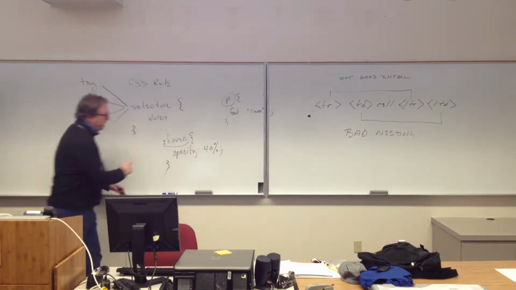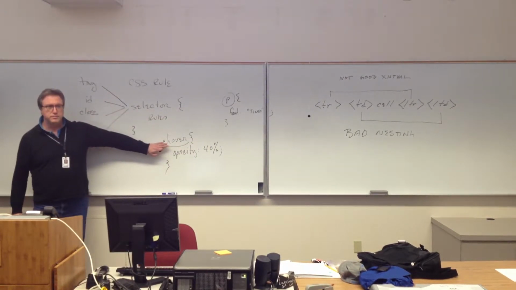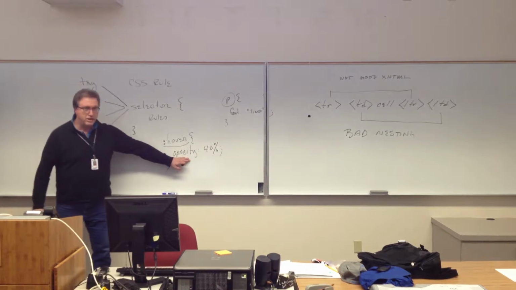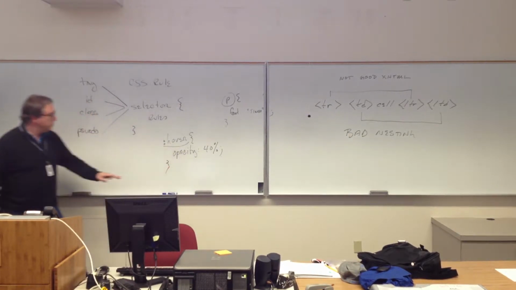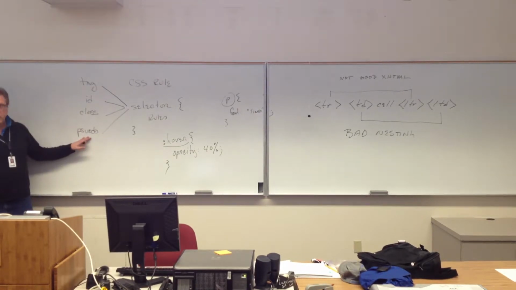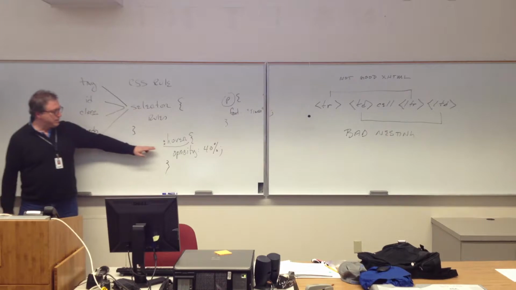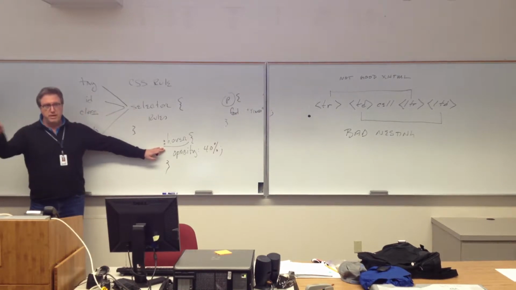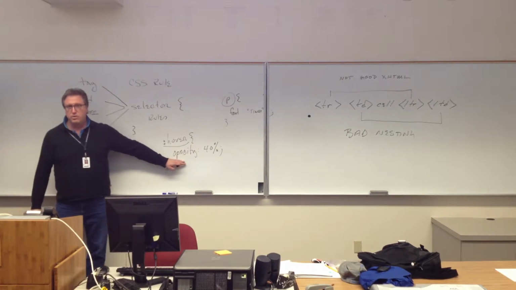So this is your selector, this colon hover. This was the attribute and this was its value. This is an example of a pseudo-selector. This means whenever I hover my mouse over an element, then make its opacity 40%.